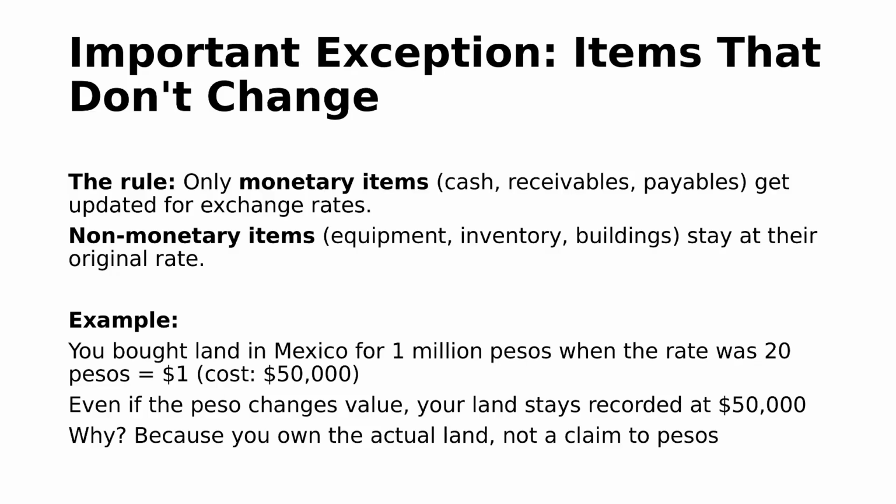Here's a practical example. Imagine you buy land in Mexico for 1 million pesos when the exchange rate is 20 pesos to the dollar. That means the land is recorded at $50,000. Even if the peso's value changes later, your land remains on the books at $50,000. Why? Because you own the land itself, not just a claim to pesos.